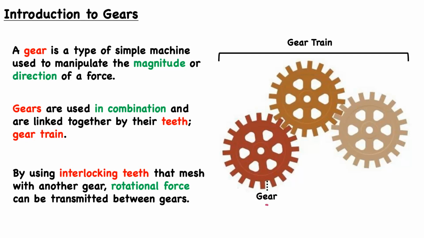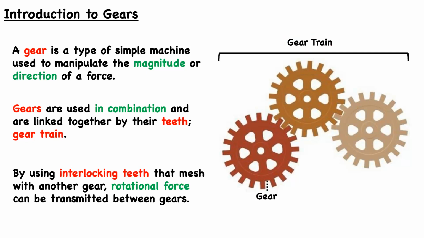So referring to our illustration, here we can see a single gear, and then we can see the teeth that comprise this gear. Then if we see the interface, or the place where one gear meets another, we can see how these teeth work to mesh together. Now, when we have this system, these multiple gears that are linked together, this is again called a gear train.